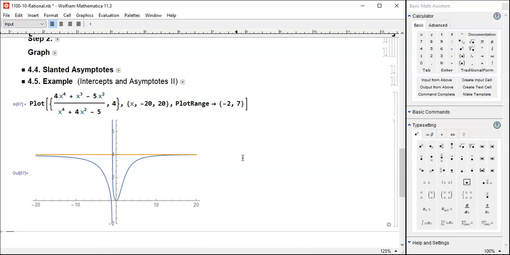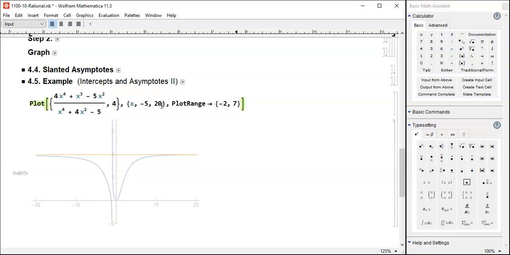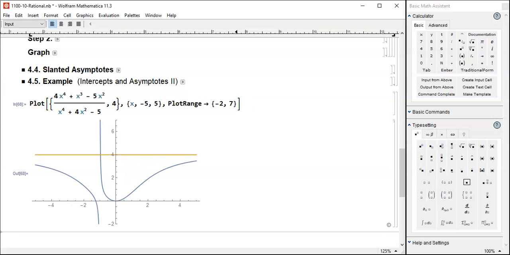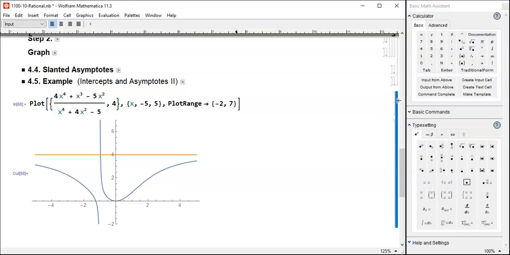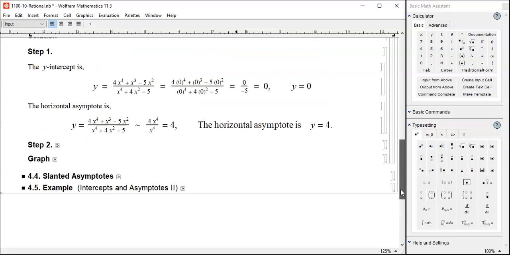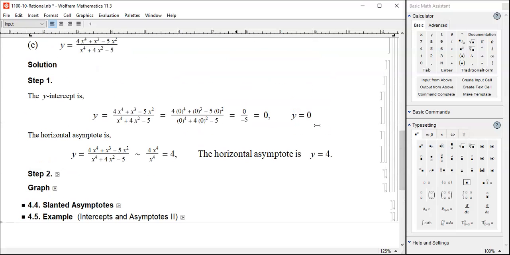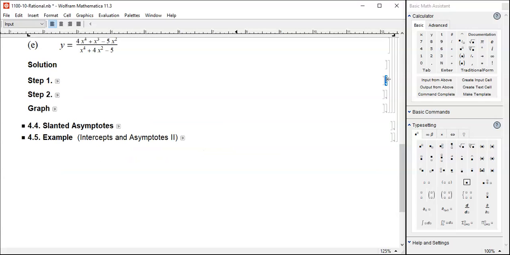Clearly a horizontal asymptote. Looks like we have one vertical asymptote here. Yes, one vertical asymptote forming here. And then one x-intercept here at the origin. Let's see. So these check out okay. Let's go to step 2.